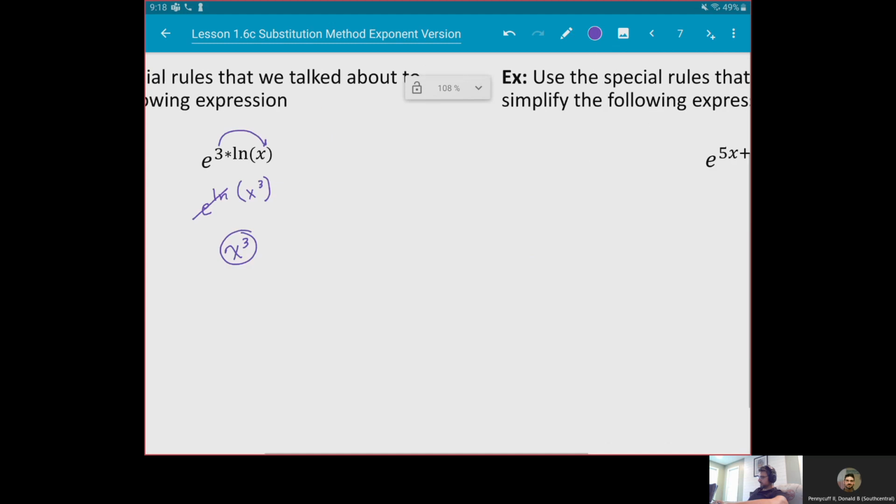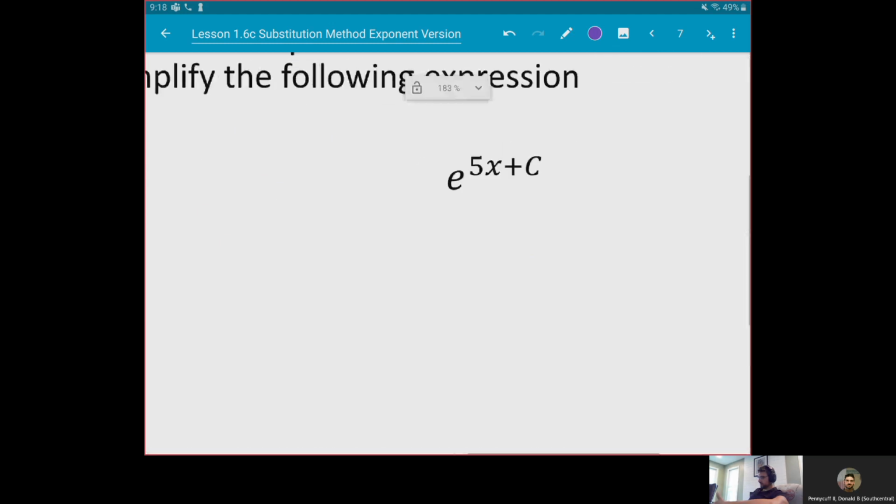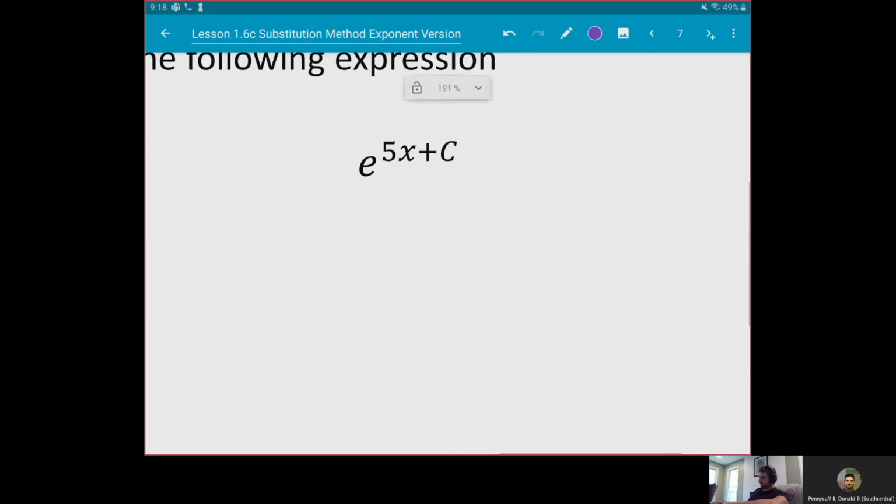Okay, so let's look at something like this. This is another one from Calculus 4. So right here, this is 5x plus c. So what I'm going to do is I'm going to split this apart. That's addition, e to the 5x times e to the c.